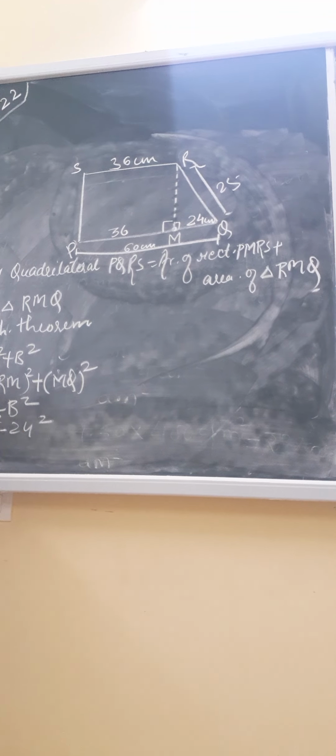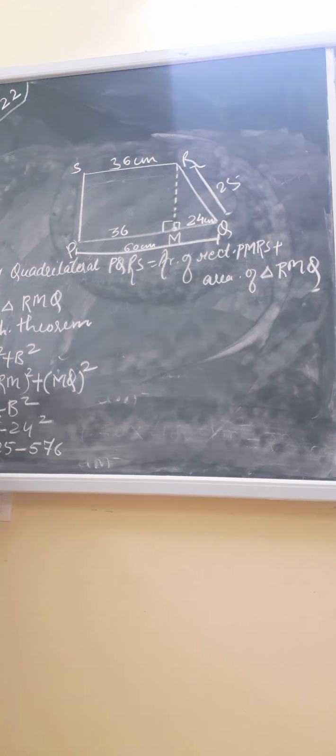Can you tell me what is the square of 25? 625. Square of 24? 576. Okay?